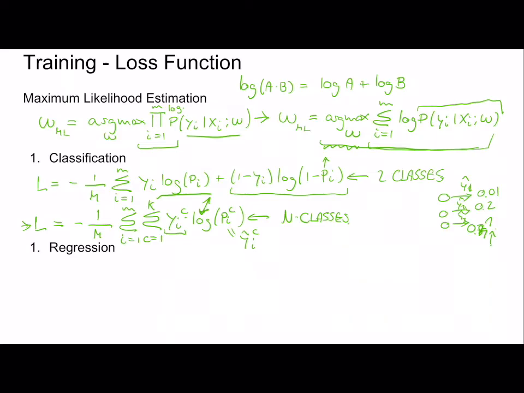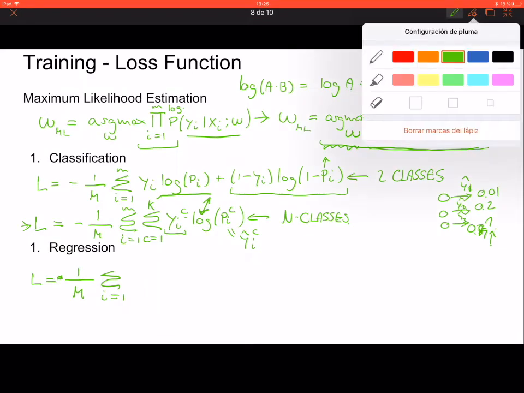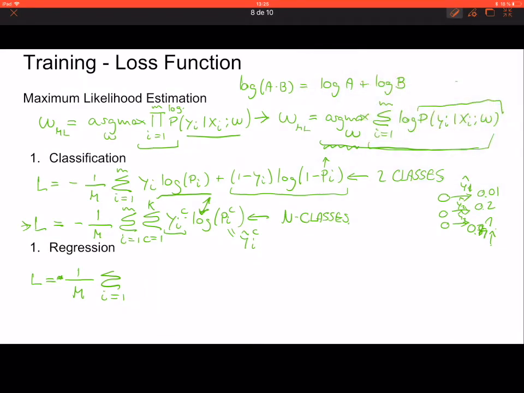Okay, and then for regression, one can prove that the maximum likelihood estimator is 1 over m of the summation. No, sorry, I think in this case there's no minus here, because we're trying to minimize the loss.